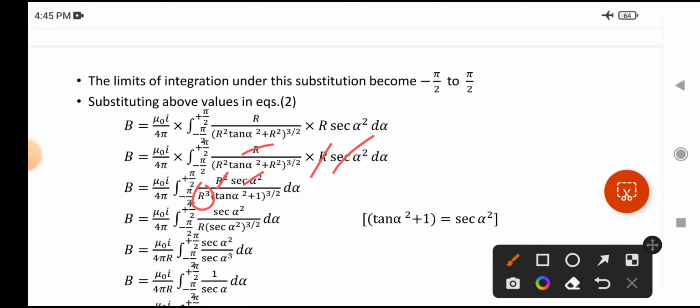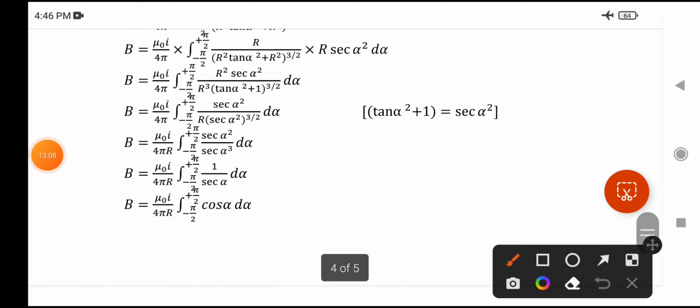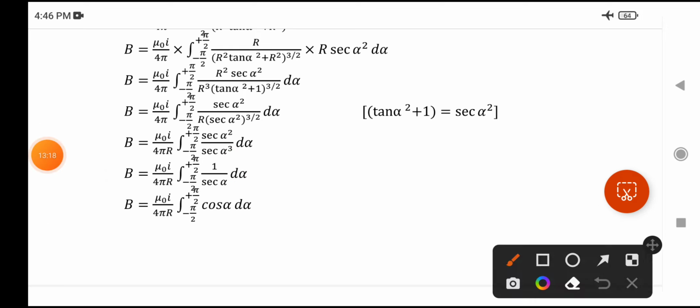In the bracket in the denominator you see tan square plus 1. Tan square plus 1 is secant square. So right here, secant square, the 1 by 2 cancels. Only 3 is present, which means secant cube. Secant cube, but upside secant square cancels two, and only secant alpha will be there. 1 by secant alpha is cos alpha.